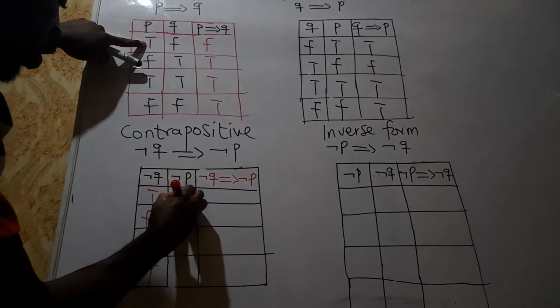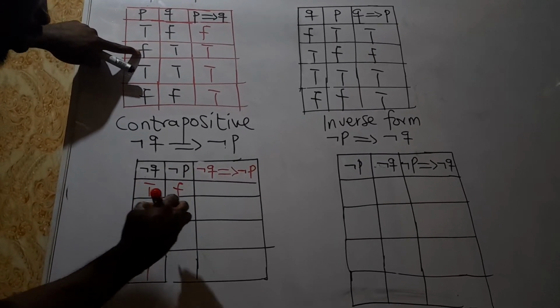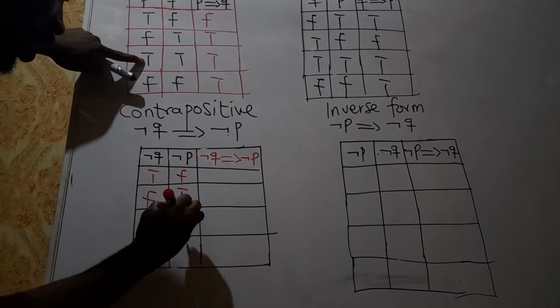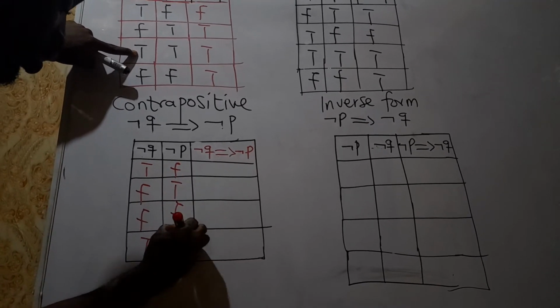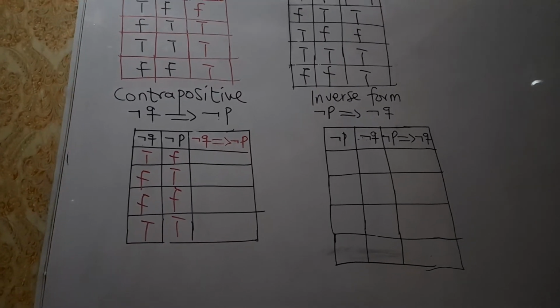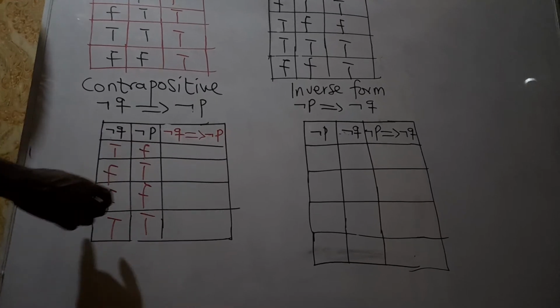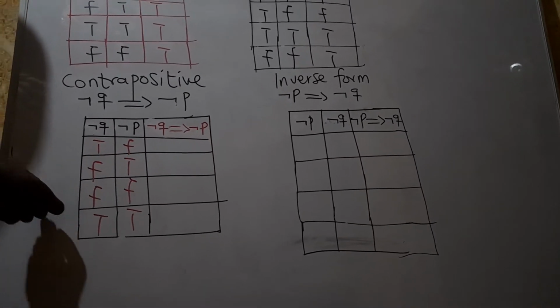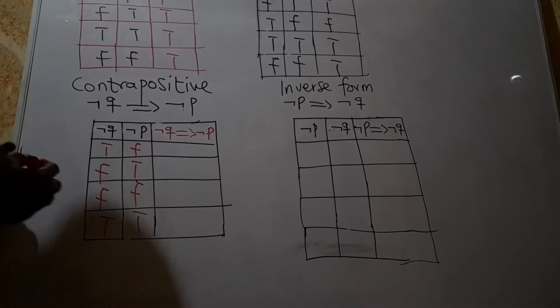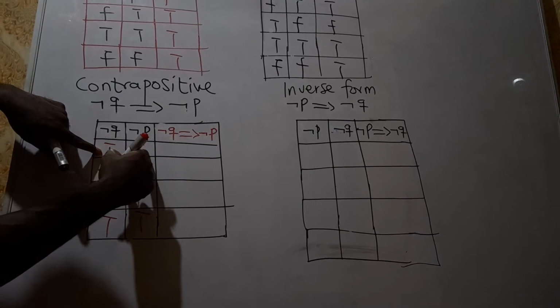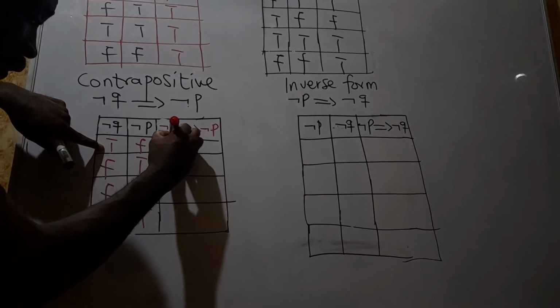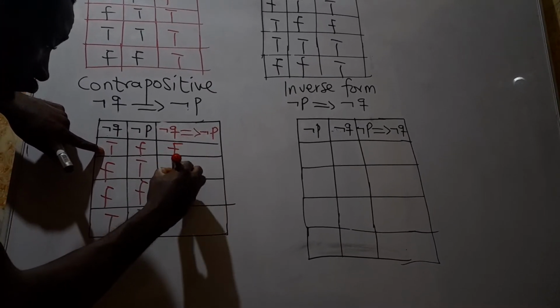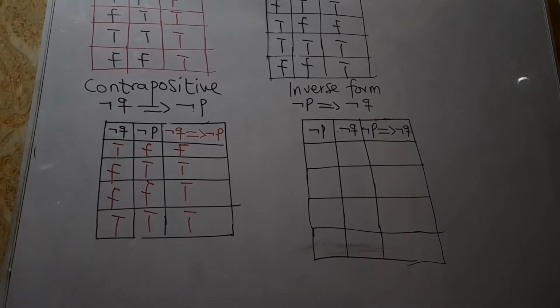Here will be false, this will be true, this will be false, then true. It is only false when the antecedent is true and the conclusion is false. So we check when this is true and this is false, then it's false. Otherwise, it's true in all respects.